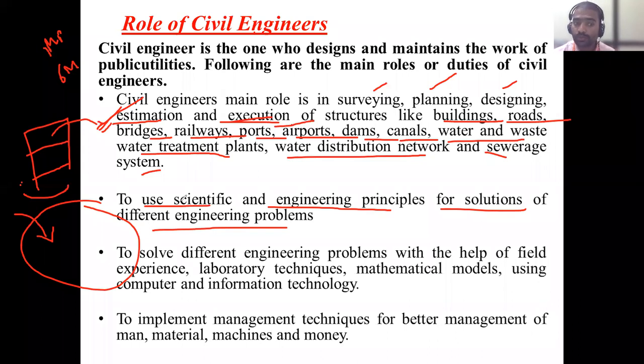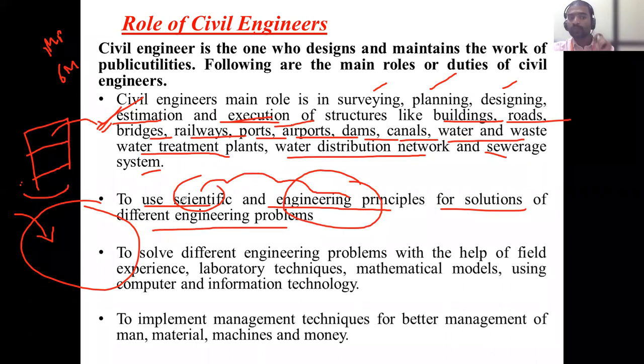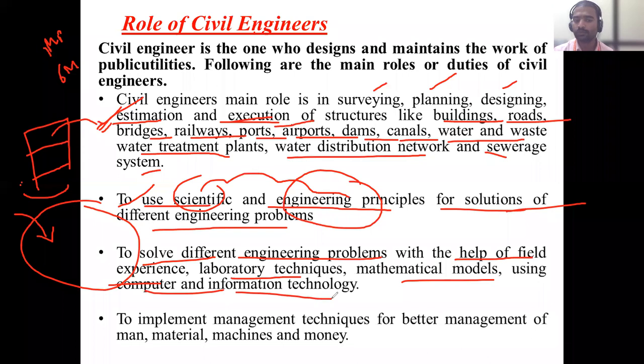So how to solve? By using scientific and engineering principles. So what is the civil engineer's job? To use scientific and engineering principles for the solution of different engineering problems. So during execution of the work, if you come across any problem, how to solve that problem is done by the civil engineer. To solve different engineering problems with the help of field experience, laboratory techniques and mathematical models using computer and information technology.